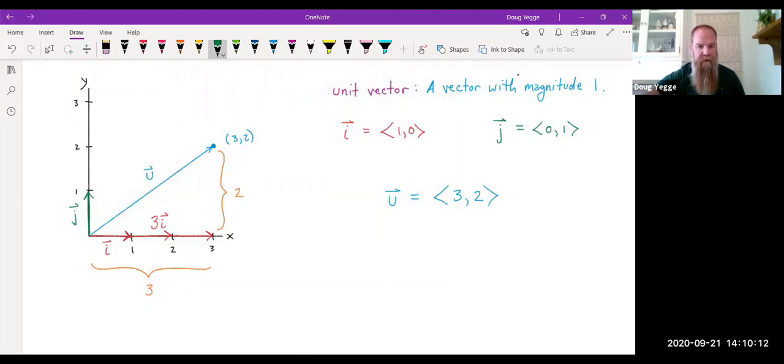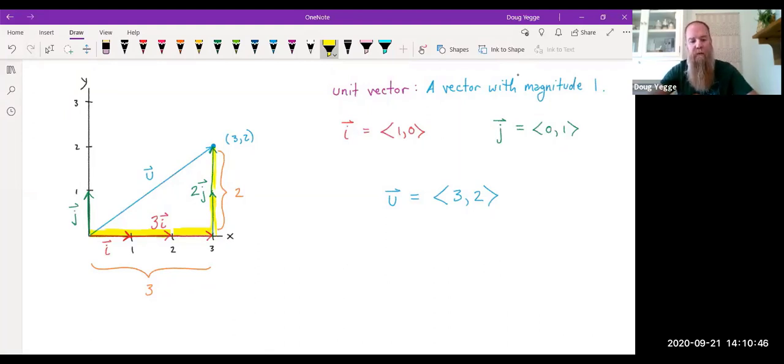And what if I were to draw j? Well, drawing j once would end here. Drawing j a second time would end at the terminal point of vector u. So that would simply be 2j. Now, by thinking about the way that I have added vectors together, all I've done is take 1i plus another i plus another i plus 1j plus another j.